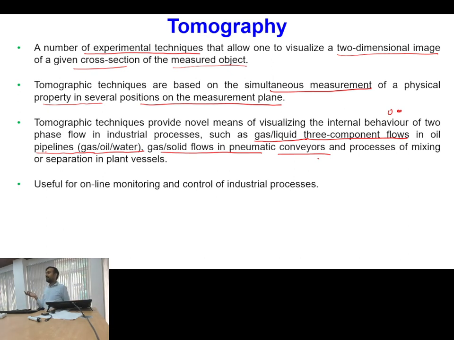The benefit is that if your system is efficient enough to provide a photograph of a cross section at every time, showing how phases are present in that cross section, then you can keep a record of the instantaneous phase distribution. If at any point you find some ambiguity, like the desired flow pattern is not coming, you can quickly control the system and vary the process parameters.